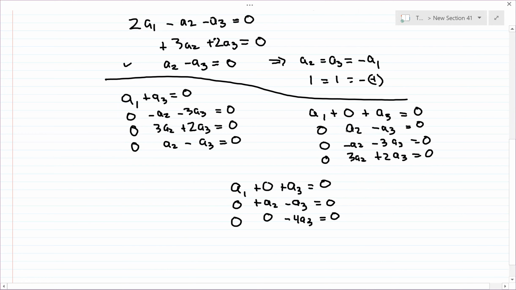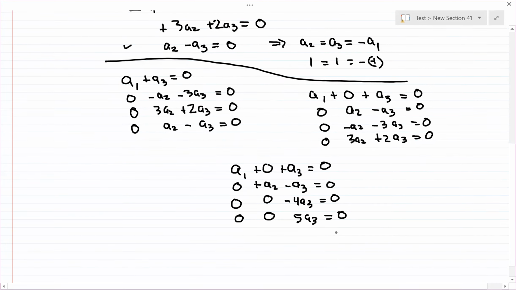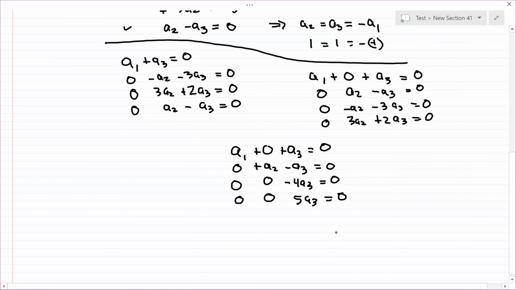And then maybe take 3 times this and subtract it from here. That would give me a 0 here, and 3 times this and subtract will give me 5A3. Okay, so I've introduced more and more zeros.